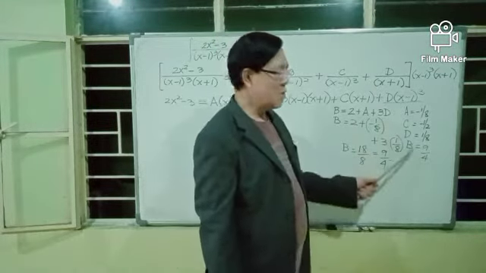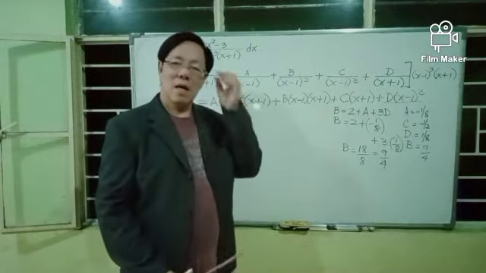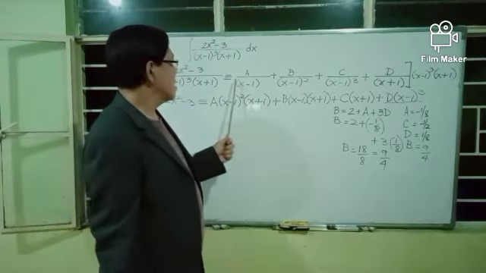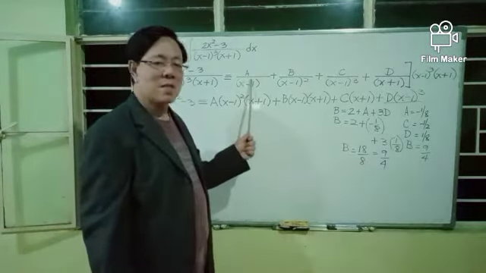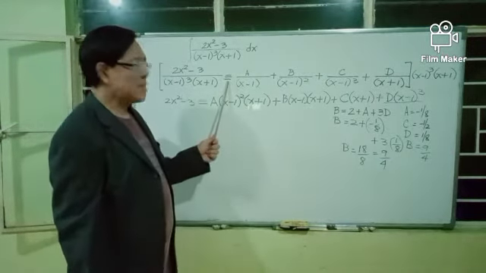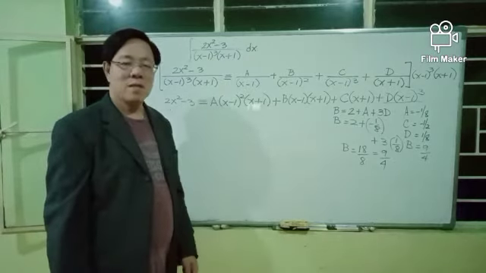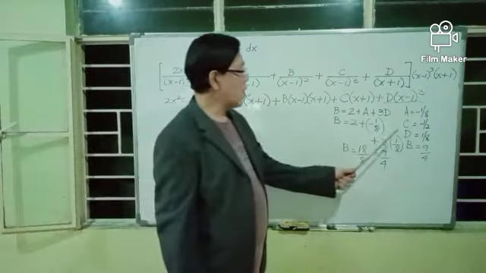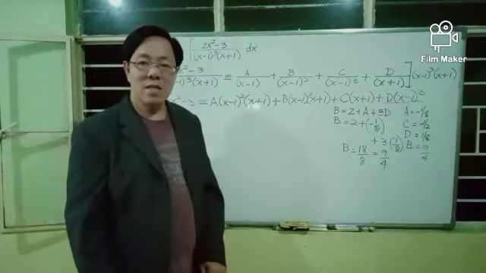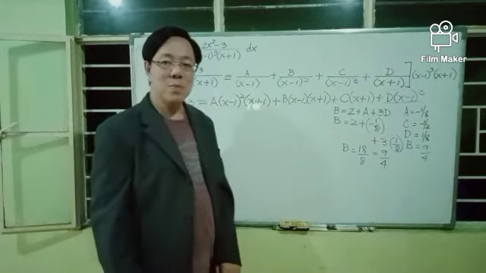Now, we have found all the constants a, b, c, and d, and we substitute them into this expression. And when we substitute a, b, c, d, we change this symbol for identically equal to equality. But before we do that, we check the value of b by getting another equation that contains the unknown b.